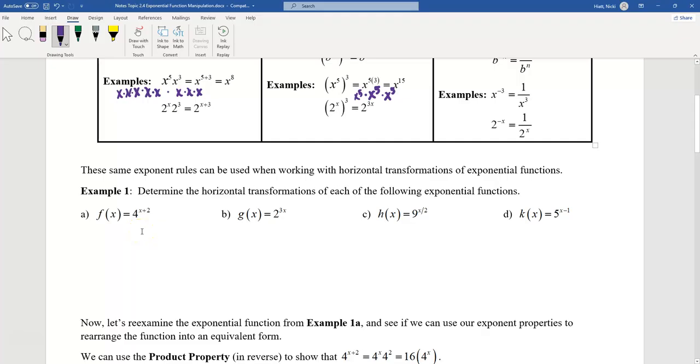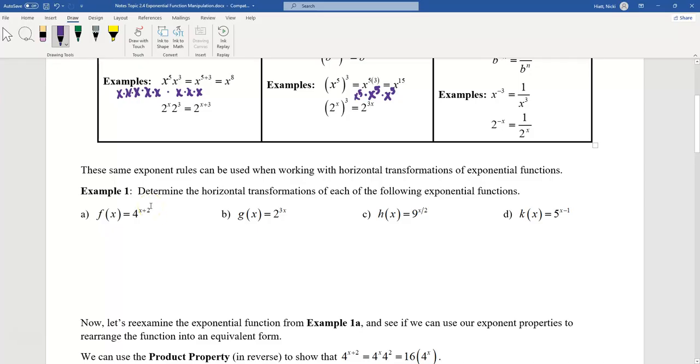One of the things we're going to look at is changing horizontal transformations into vertical transformations. So if we look at example A right here, currently we would be looking at the graph of f of x equals 4 to the x, and there's a little plus 2 up there in the exponent. What is that plus 2 going to do to the graph of 4 to the x power? It's going to move that graph to the left 2, right?